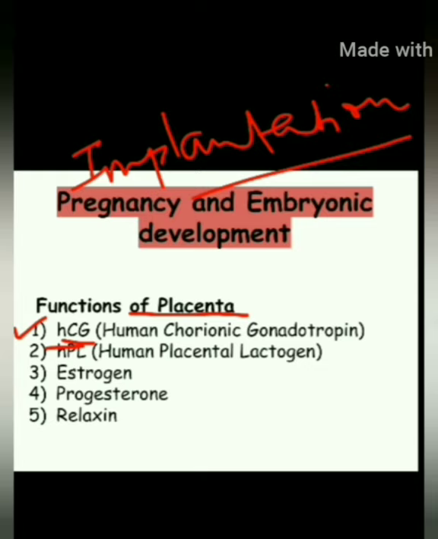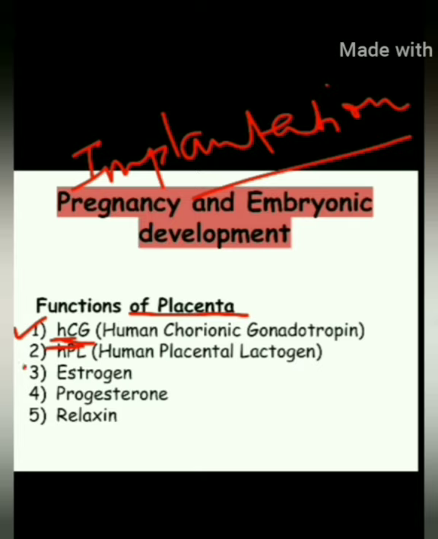What does HCG do? It causes the release of progesterone and estrogen from the corpus luteum. It also acts on the testes of a male fetus, stimulating the secretion of testosterone and development of male sex hormone also. So that is the function done by human chorionic gonadotropin.